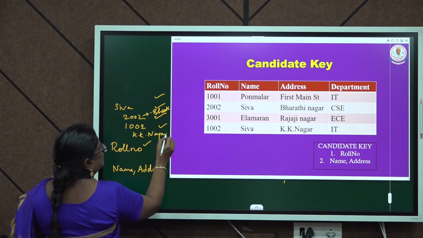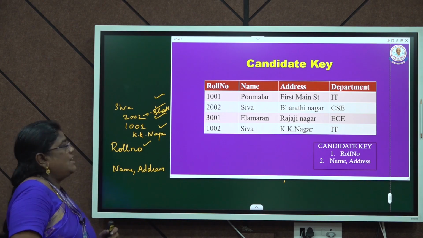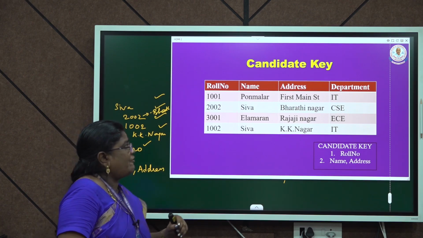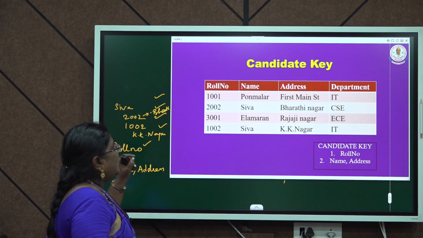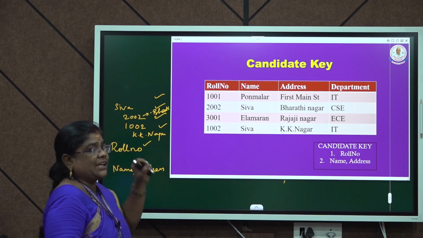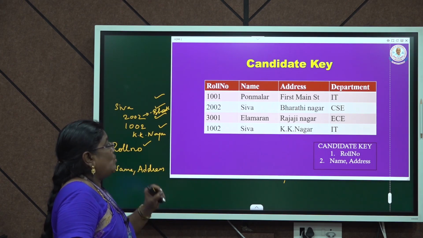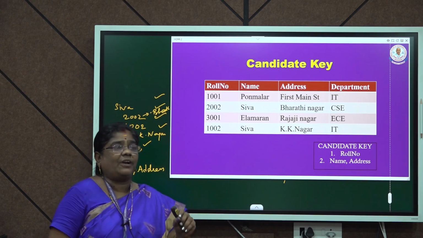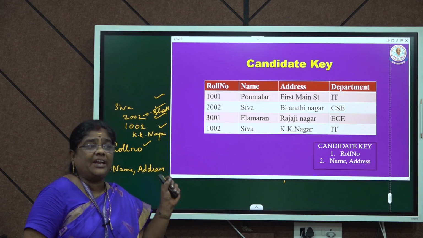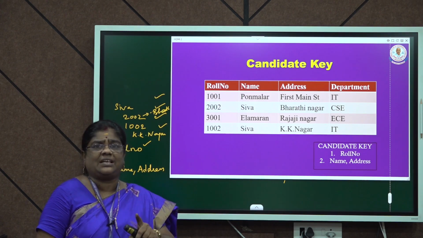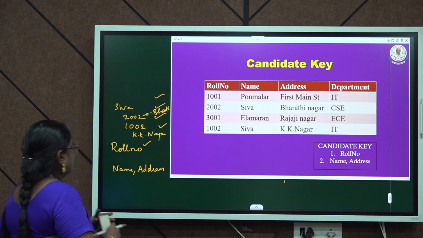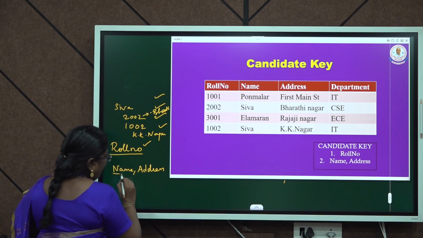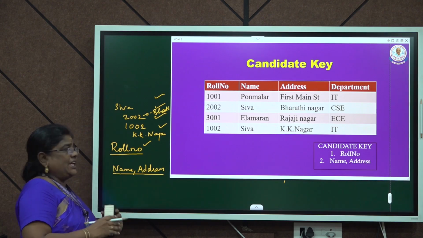And when I say the name along with the address, for example, what is the roll number of Siva from Bharati Nagar? I can identify 2002, that is the second row. And the same way, what is the roll number of the Siva from KK Nagar? I can identify 1002, it is occurring only once. Hence, I am concluding that roll number is a key as well as the name address combination is a key.